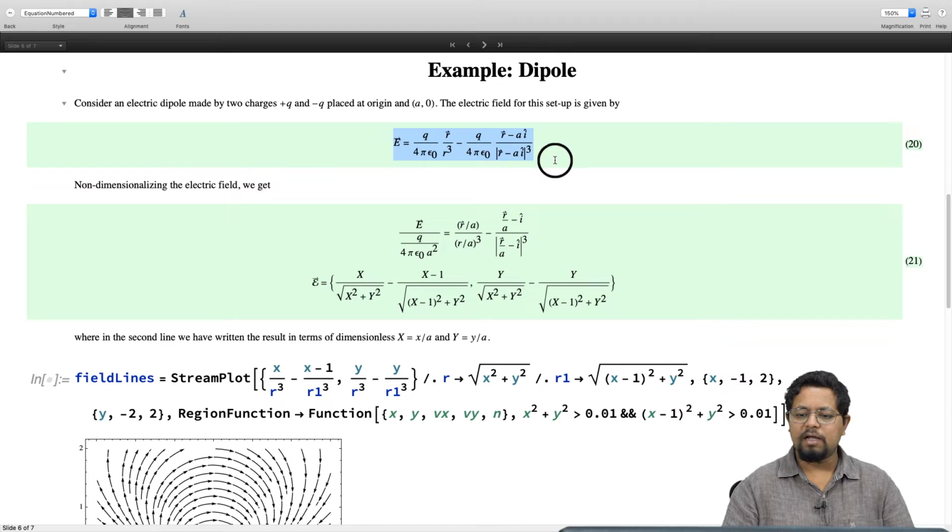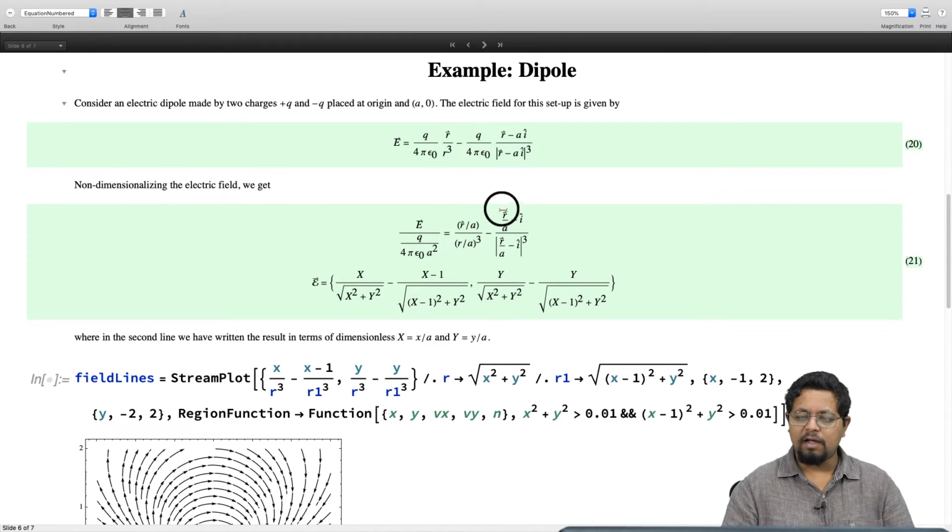In order to non-dimensionalize, we are going to divide r by a and the electric field by q by 4 pi epsilon naught a square, because the dimensions of electric field are given by q by 4 pi epsilon naught a square. Doing that, we simply get r by a divided by r by a whole cube, and r by a minus i hat divided by r by a minus i hat whole cube.